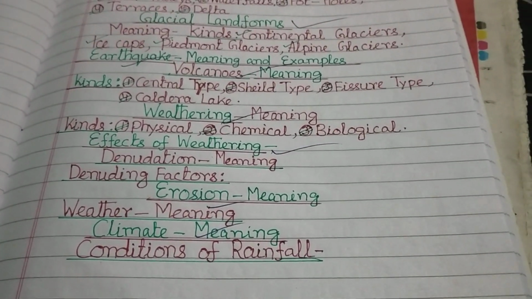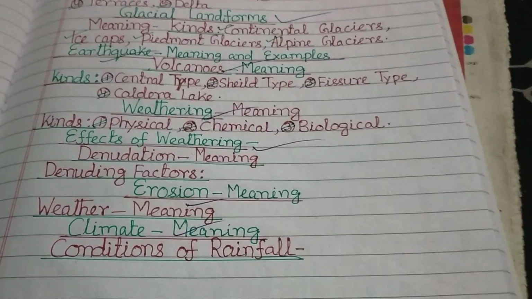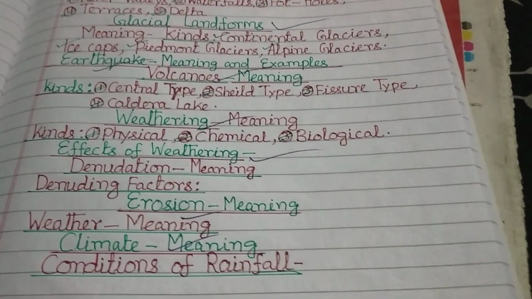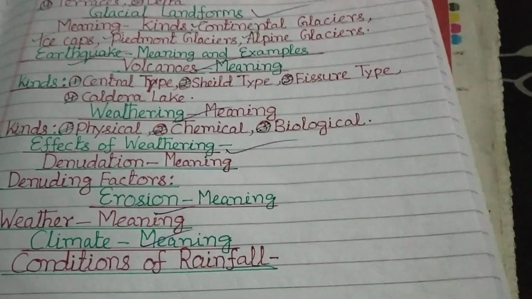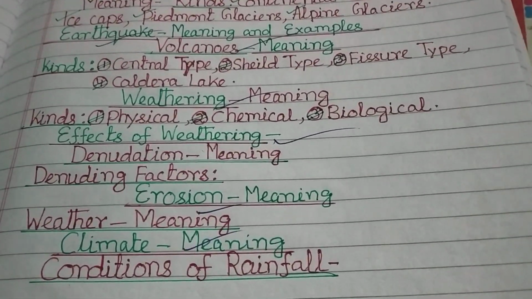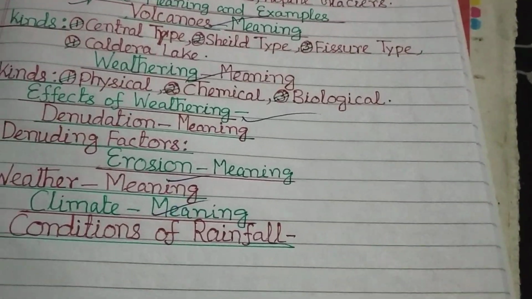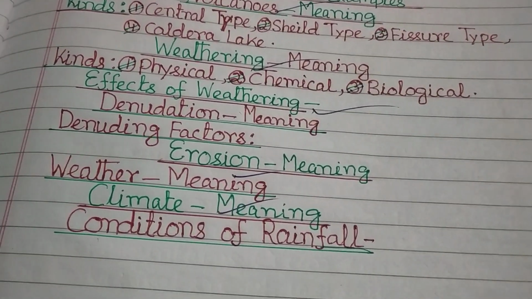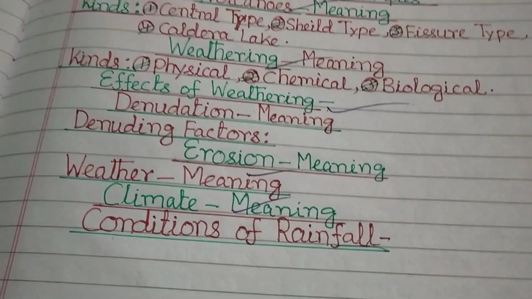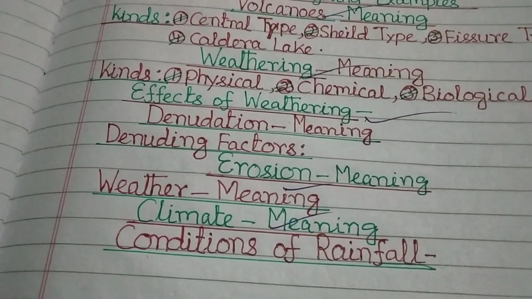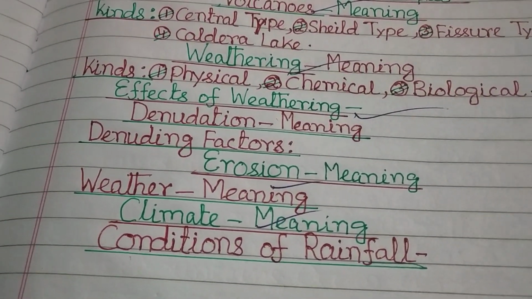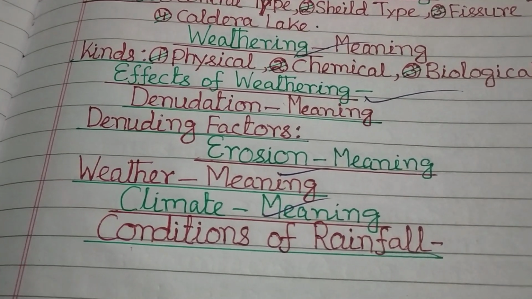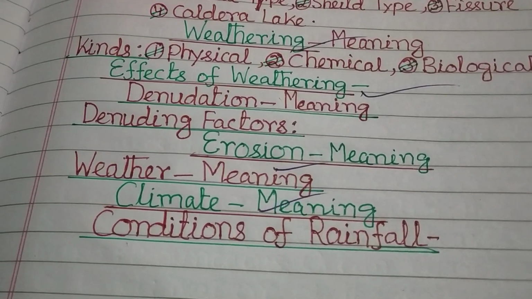So now we would like to discuss some other important portions such as denudation and denuding factors. In that connection, what exactly does denudation mean? It implies the wearing down of rocks or surface.